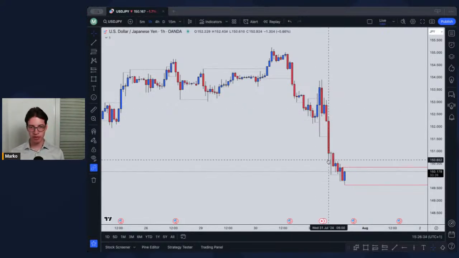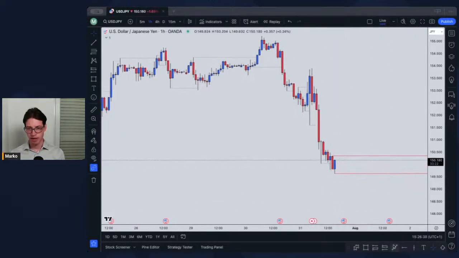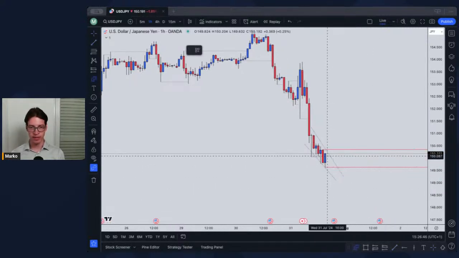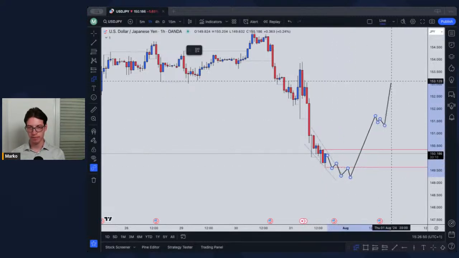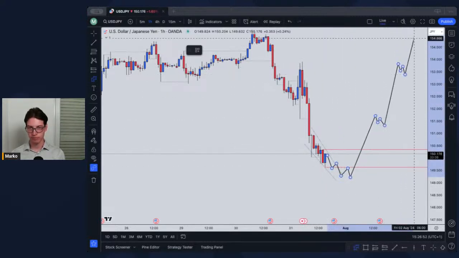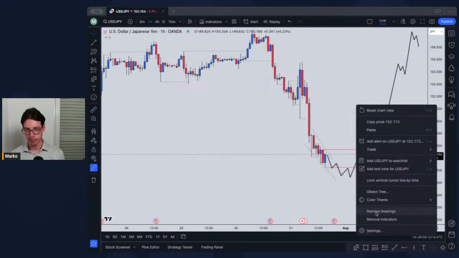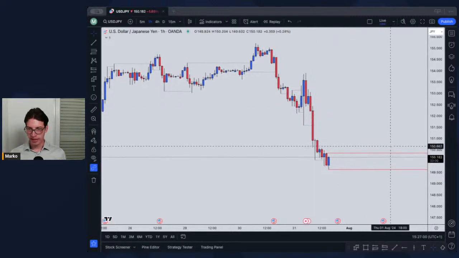Huge wick here as well. Breaks the low, retraces. So actually, it looks a bit descending. And I would not be surprised if we continue to descend and then start an uptrend, okay? That can definitely happen.